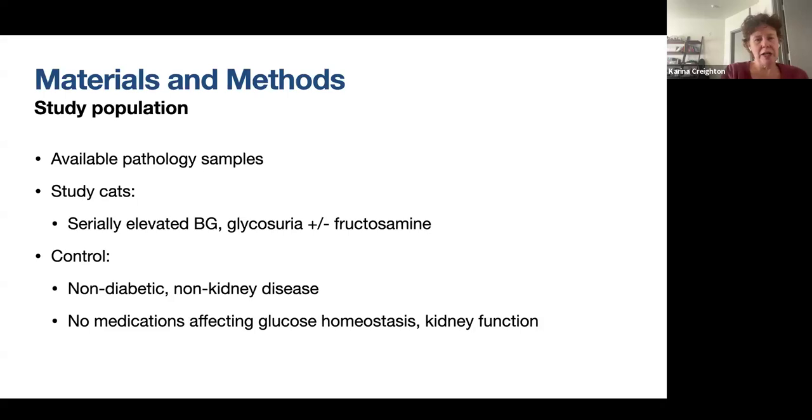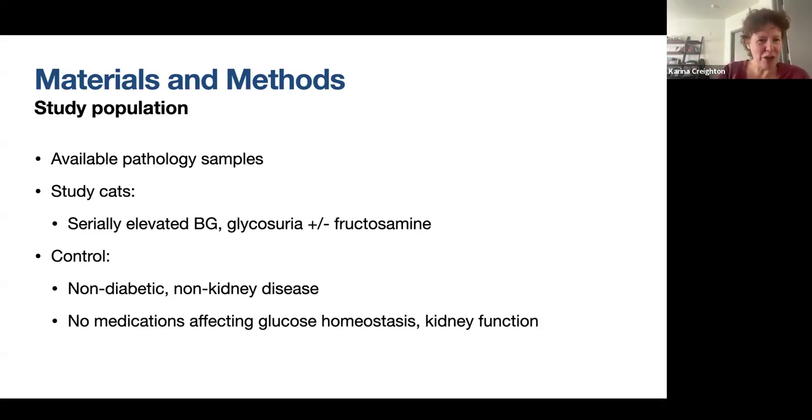So, study population. This is essentially a retrospective study of pathology samples, from cats whose remains had been donated to or banked at the veterinary school at the University of Bristol. As it came up in the discussion, many of these samples were actually very old, years old.